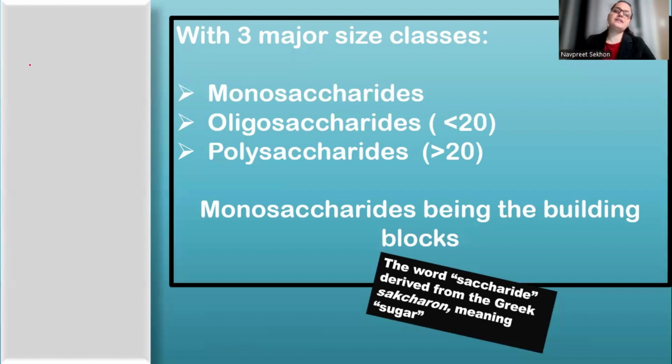The second important thing is that all these biomolecules are basically carbon compounds, all of them, right? We will be studying the structure of proteins, lipids, nucleic acids, and we are doing the structure of carbohydrates.